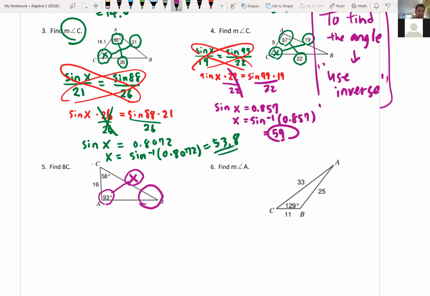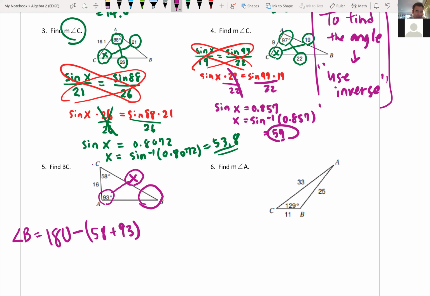So to find angle B, you've got to do 180 minus 58 and 93 combined. So 58 plus 93, that's 151. And you have to subtract that from 180. 151, that's 29 degrees.